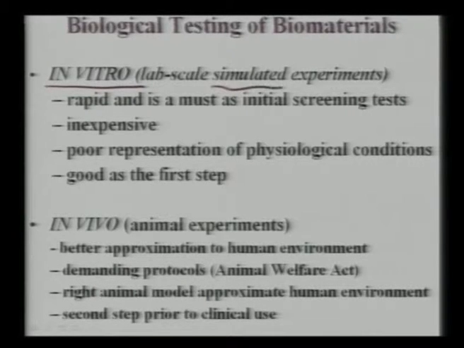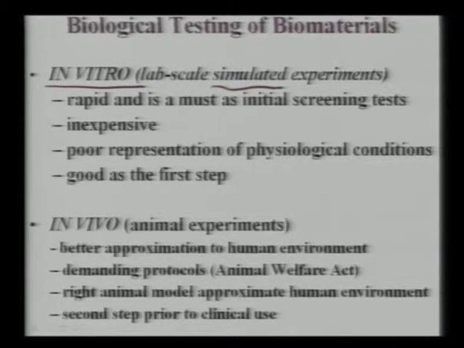Now what is meant by simulated? You are essentially trying to simulate, as closely as possible, the environment prevailing in the human body. As I explained in the first lecture, the human body core temperature is 37 degrees Celsius, and the pH of the blood is maintained at 7.4.